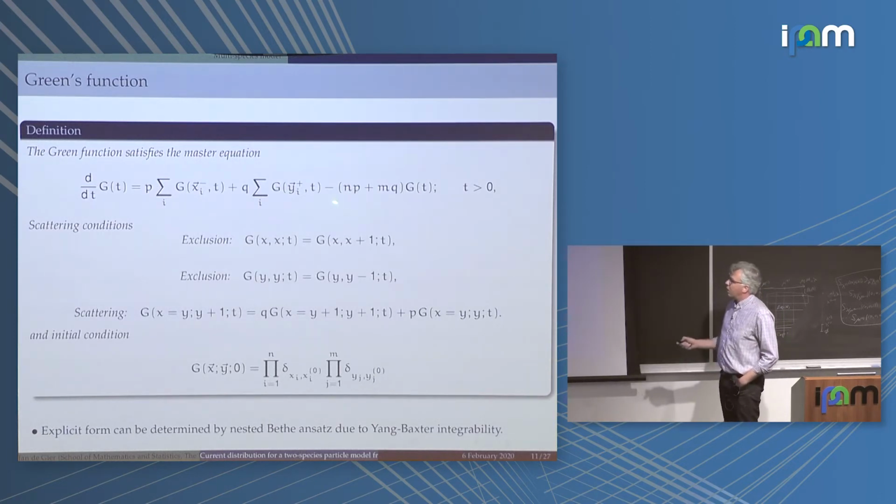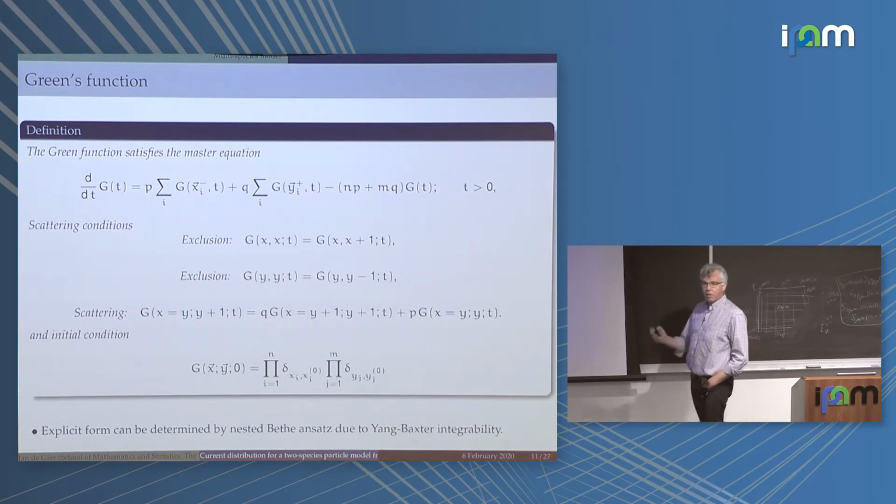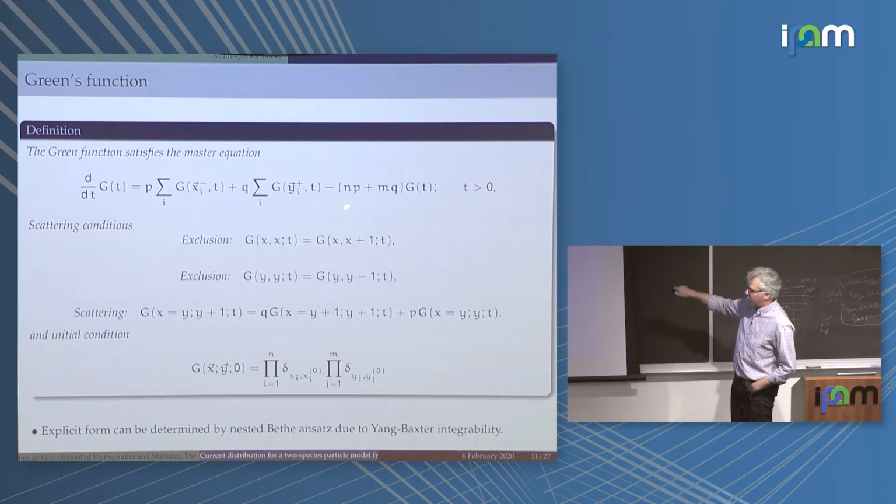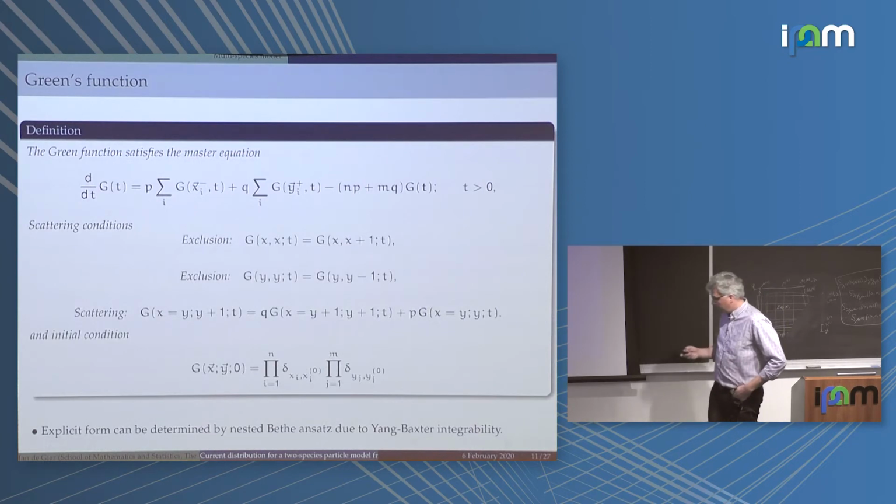Because it's an integrable model, you're more or less guaranteed that this works. If you take the right linear combination, it's easy to see that plane waves will solve this equation, but the difficulty arises in how to satisfy these interactions. But it's doable, and we have to generalize the normal Bethe-Ansatz, and it's something called nested Bethe-Ansatz.